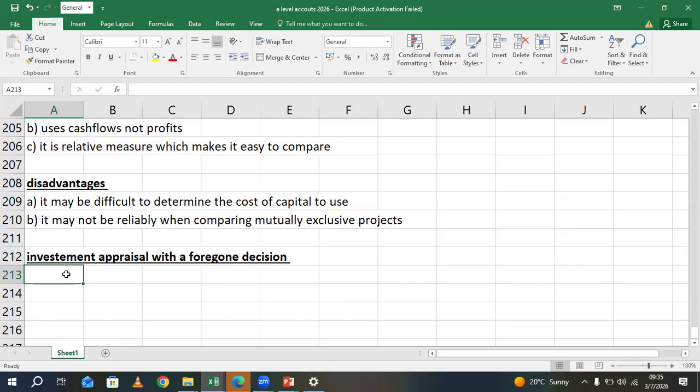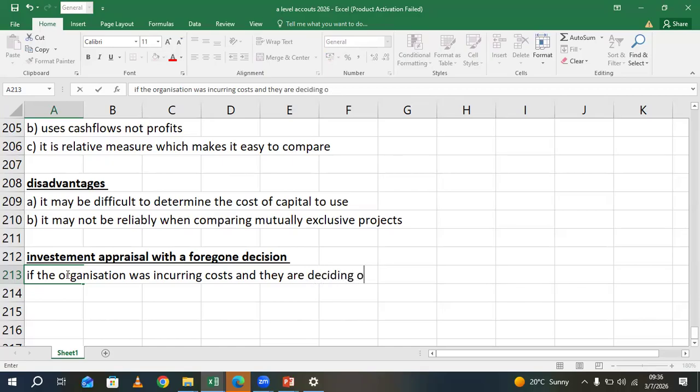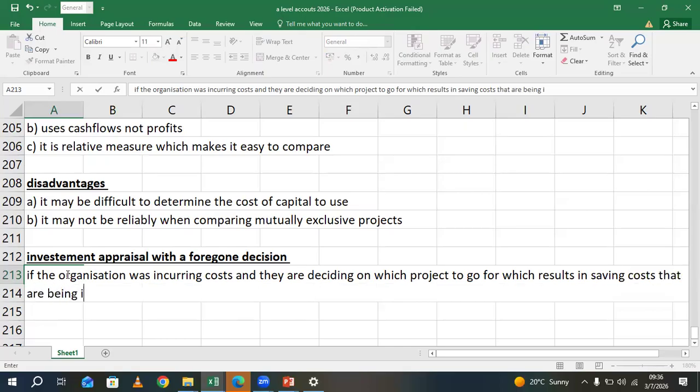So we can say if the organization was incurring costs and is deciding on which project to go for, which results in saving the costs that are being incurred, the costs saved become cash inflows.